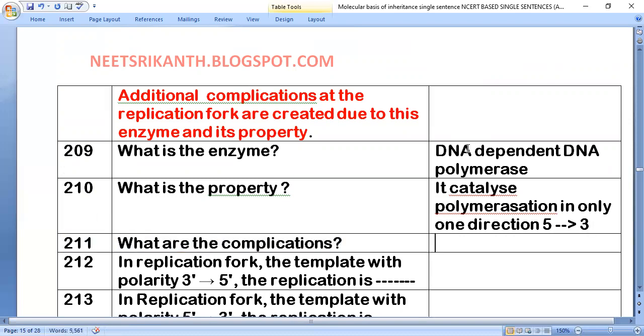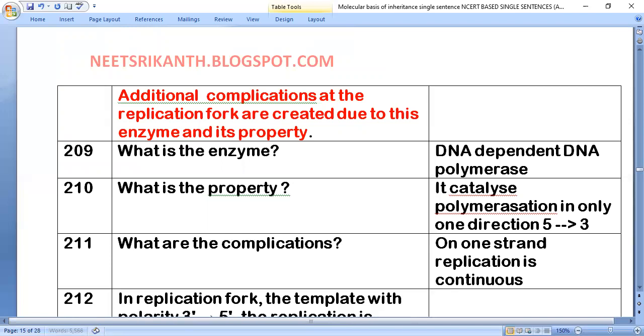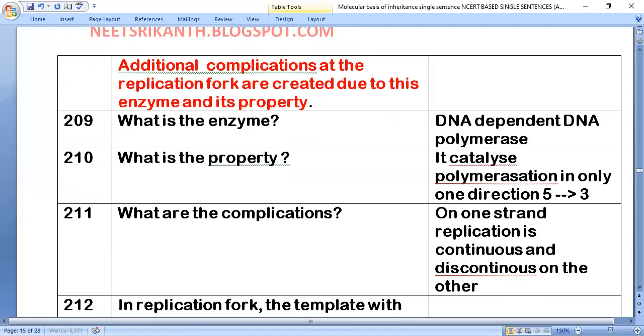What are the complications? On one strand, replication is continuous and on the other strand it is discontinuous.